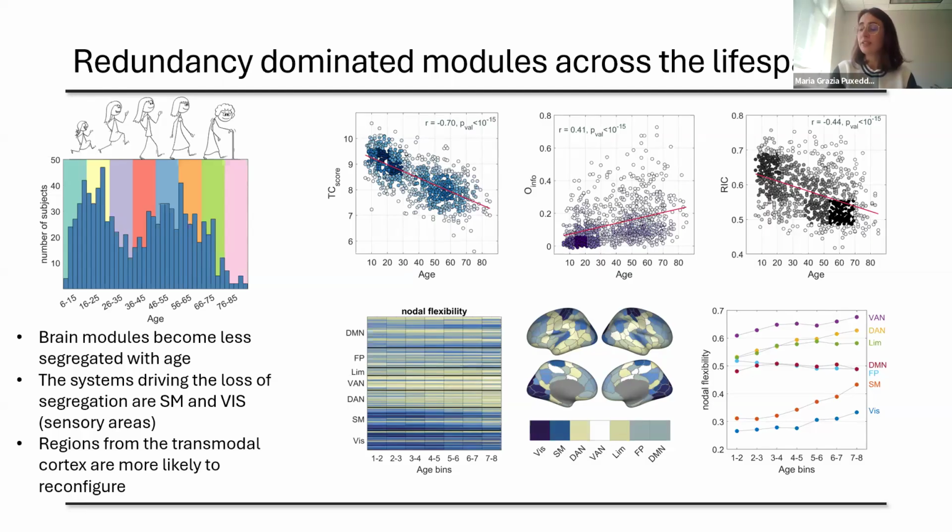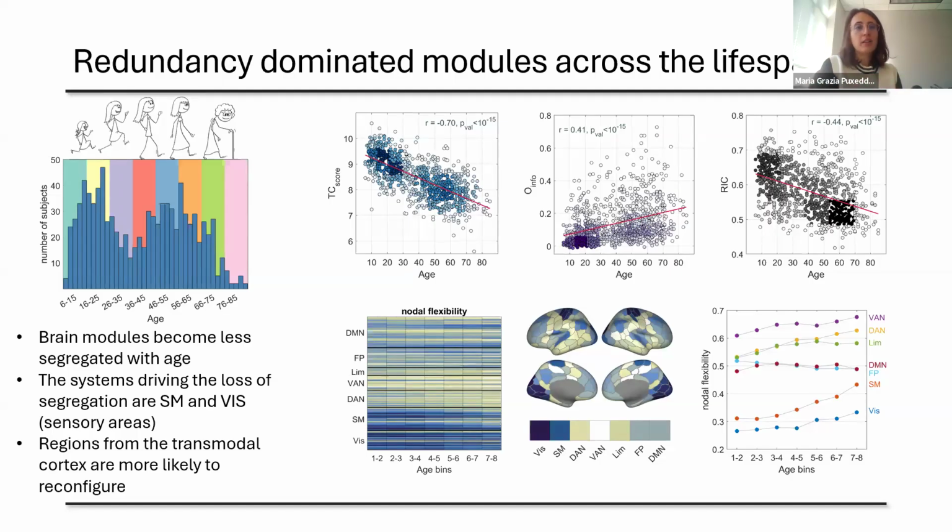Yeah, so I think what's interesting about these results is that, on one side, we have the sensory areas that drive this loss of segregation with age. At the same time, we have also the transmodal cortex that reconfigures the most with age. So it's a combination of these two things that it's nice to look at to see what aging means for the brain, right?